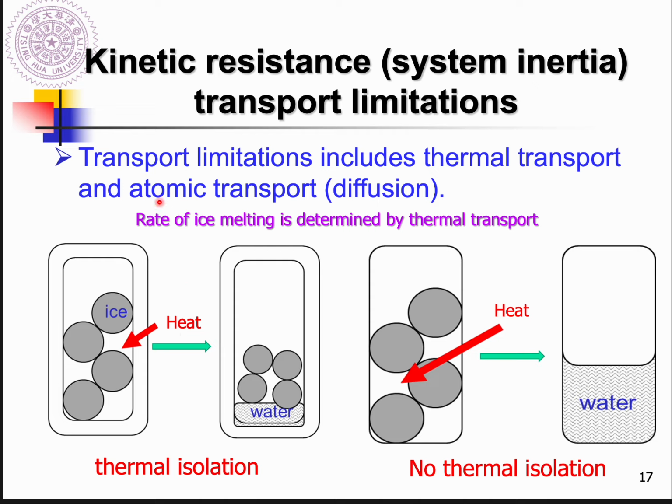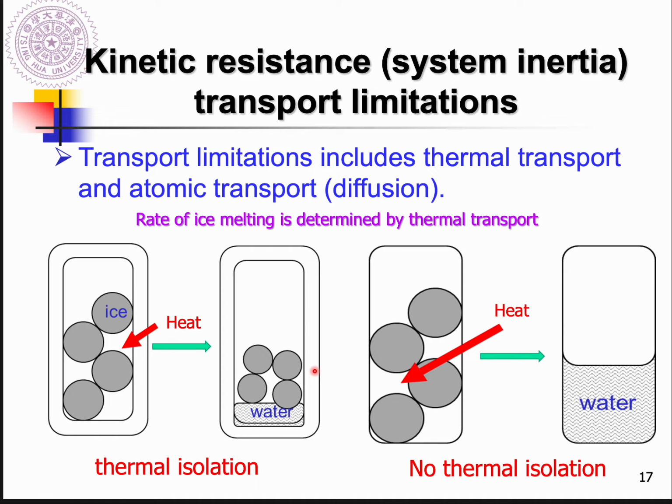So it involves molecular transport. So when we talk about the melting process, it involves two steps, and it is really a serial reaction. Serial reaction means the first one is absorbing the heat, and the second one is mass transport, right? And this is a serial process.